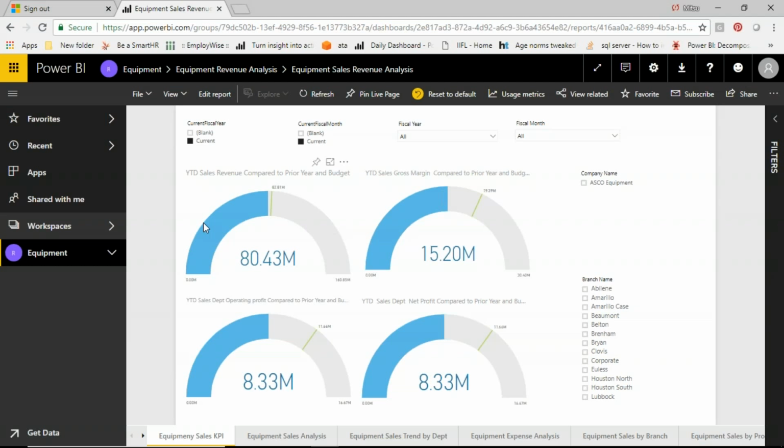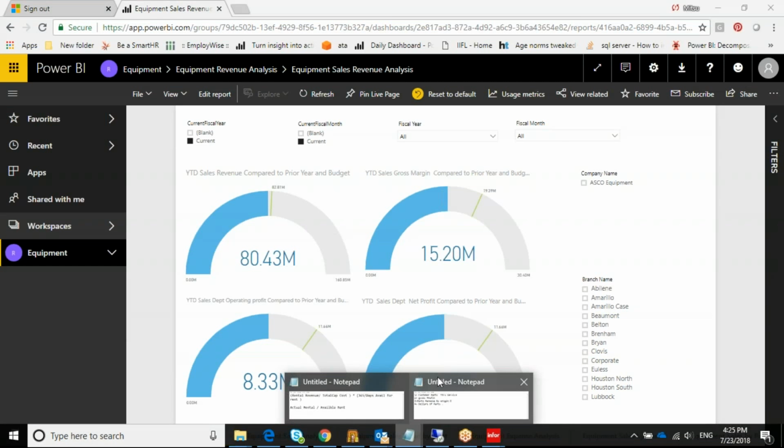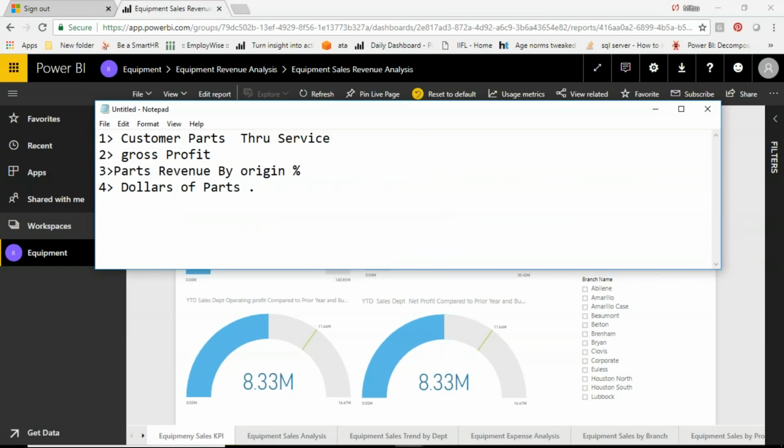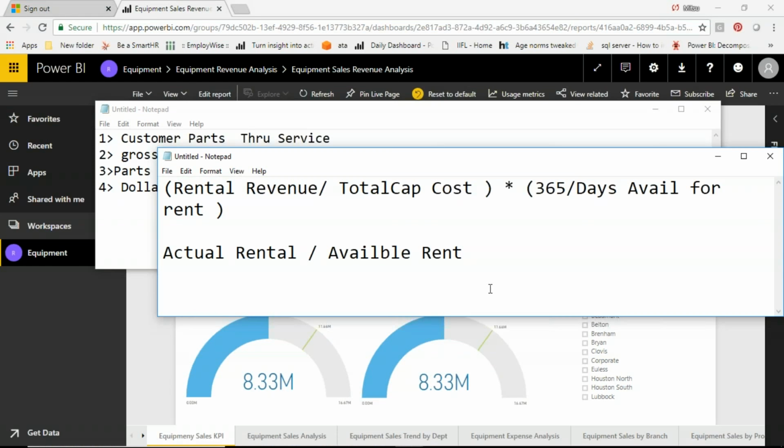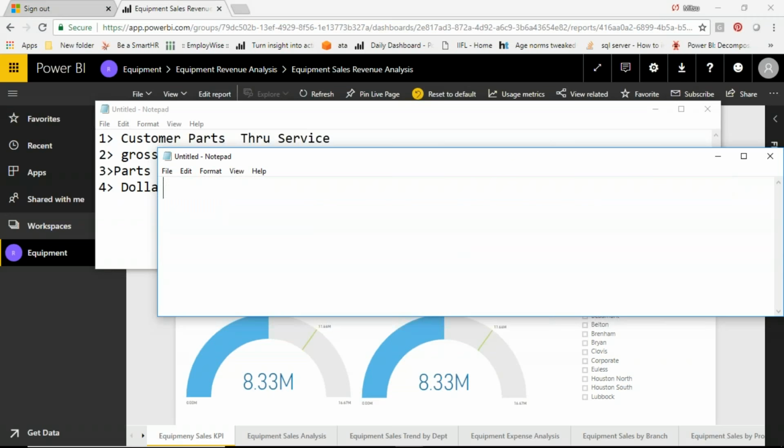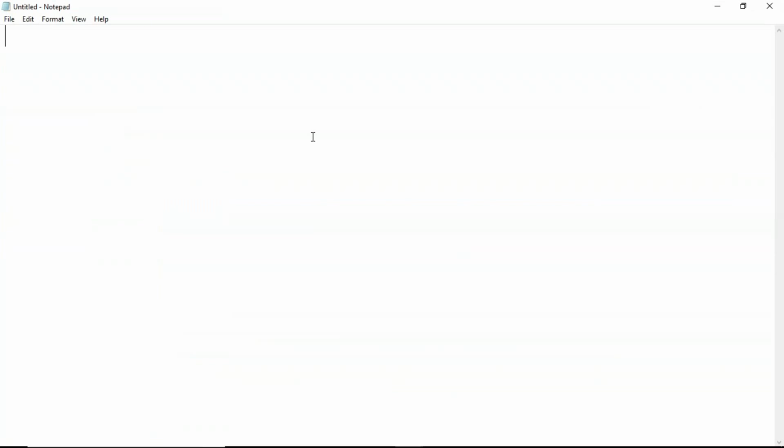So this is only from the designing point of view that you need to worry about. If the users are just going to look at the report, they don't need to get into all of that.